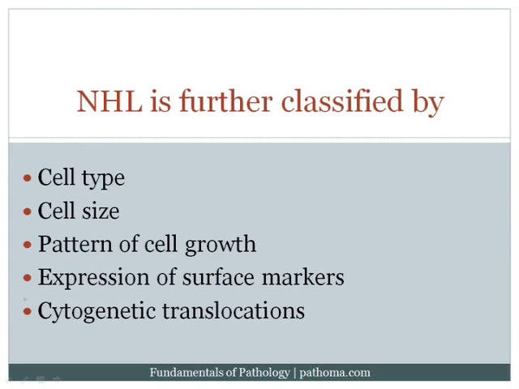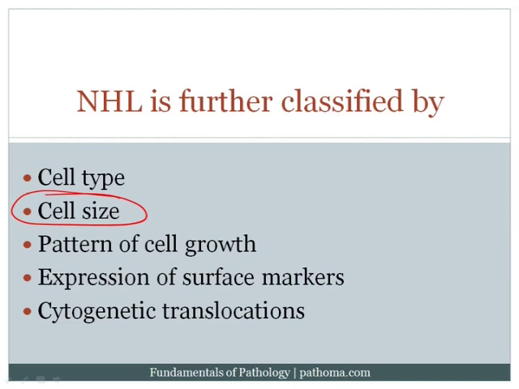So I'm going to base my division of non-Hodgkin's lymphoma on cell size. In our discussion, we're going to be focusing on the B cell types of non-Hodgkin's lymphoma, which are the vast majority of non-Hodgkin's lymphoma.